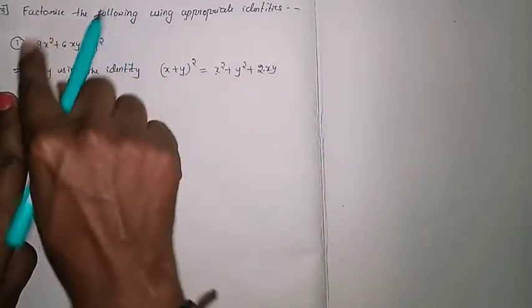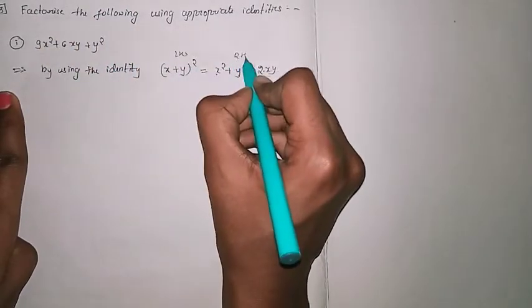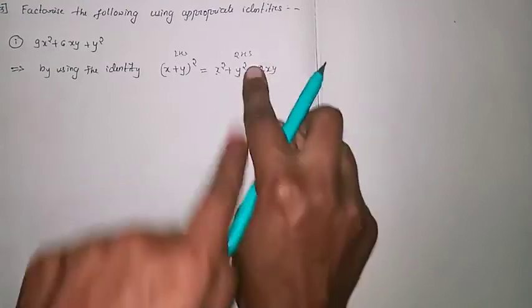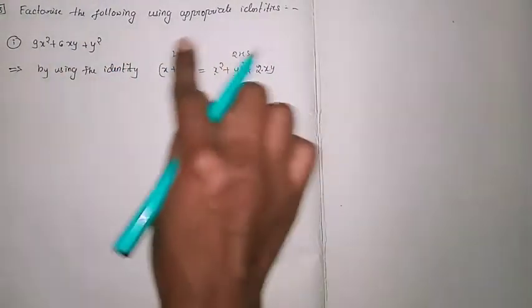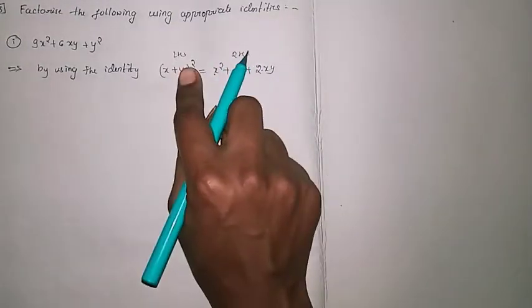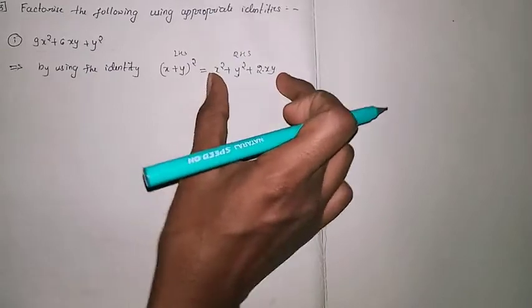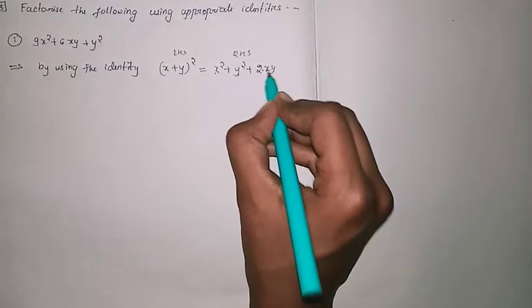Now think of this as the LHS and this as the RHS. They have given us the RHS form, and we have to convert the expression to the LHS form, with the x square term, the y square term, and 2 into the xy term.